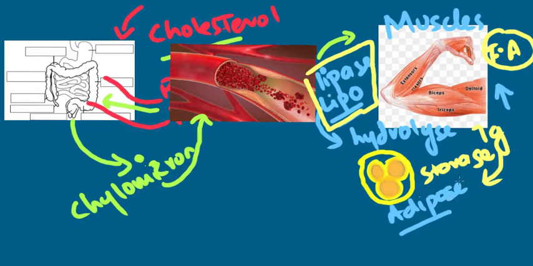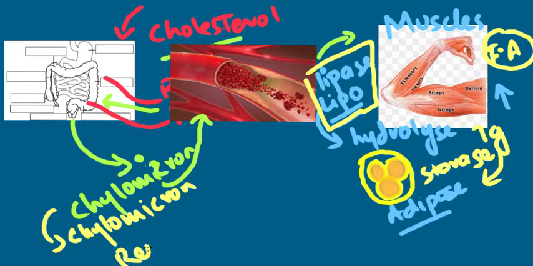Now अब क्या होगा? Now these fatty acids and chylomicrons are broken down by lipoprotein lipase into smaller particles, and these are known as chylomicron remnants. All right, ठीक हो गया.